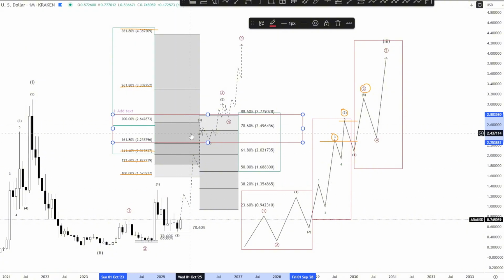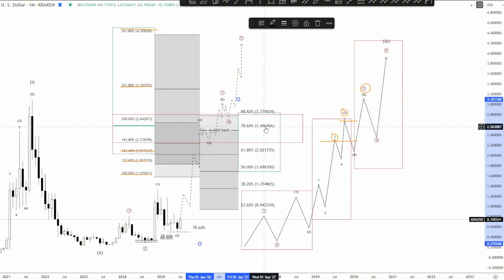This is a likely area, right? So it should terminate somewhere between the 61.8% level, which is at $2, and the 88.6 retracement level, right? So more or less $2.70. This is a realistic target based on Fibonacci and Elliott waves for this wave 3 of a wave 3.